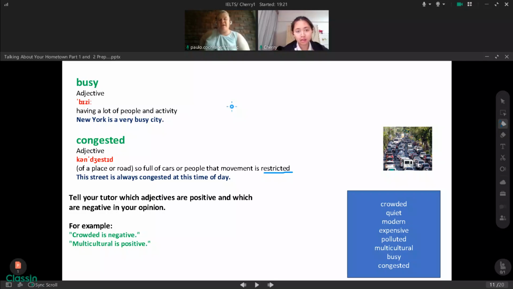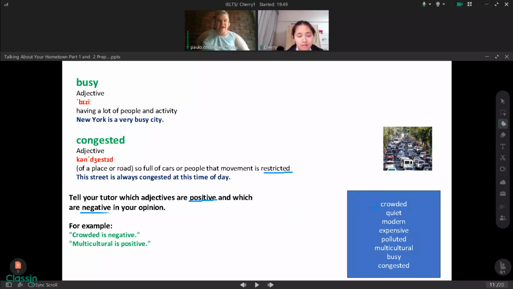Yes. Okay, perfect. Now I want to know if these adjectives are positive or negative in nature. I've pasted the adjectives here in the square: crowded, quiet, modern, expensive, polluted, multicultural, busy, and congested. Now you need to tell me if they are positive or negative adjectives.